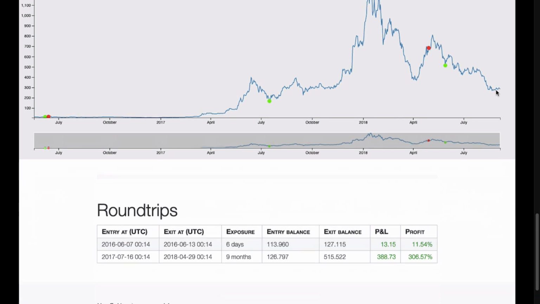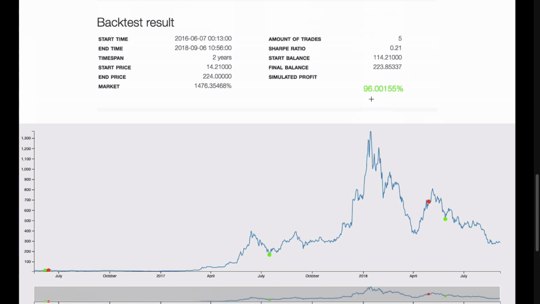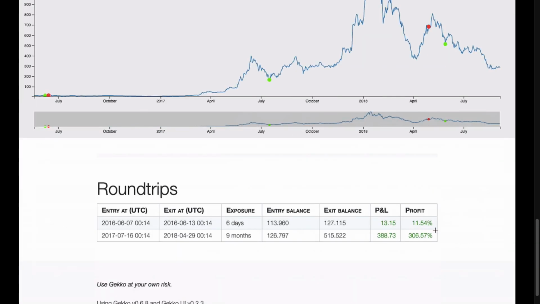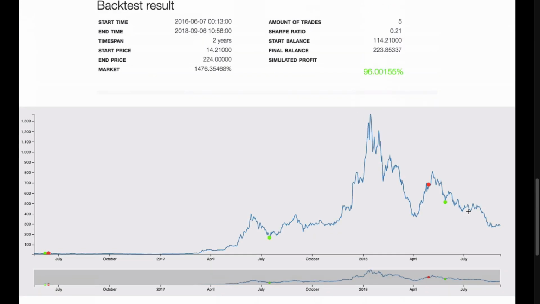Meaning if you sold at the end of this period, you would only have made 96%. So this 311% gain got cut by more than 2/3 into 96% because of how much was lost from this point on to the end of the backtest.